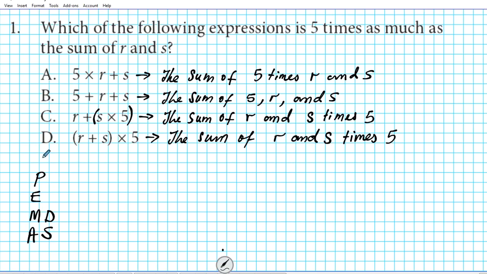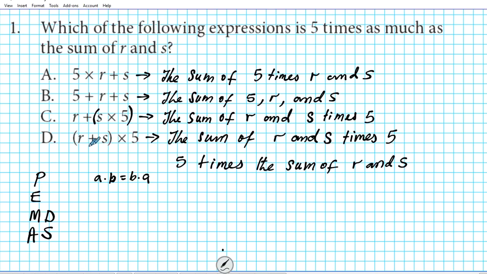If we have a times b, for example, it's the same thing as b times a. So we can rewrite this as 5 times the sum of r and s. This still follows the order of operations.